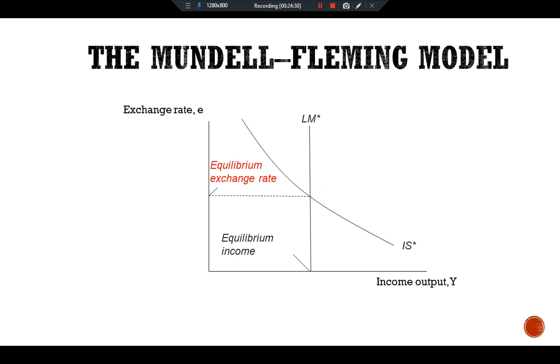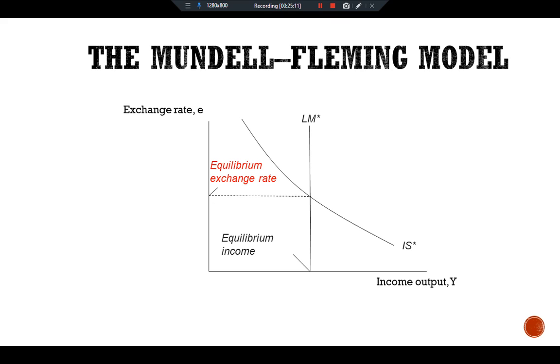Technically, this figure illustrates that the equilibrium for the economy is found where the IS and LM static curves intersect each other. This intersection shows the exchange rate and the level of income at which the goods market and the money market are both in equilibrium. With this diagram, we can use the Mundell-Fleming model to show how aggregate income and exchange rate respond to changes in policy.